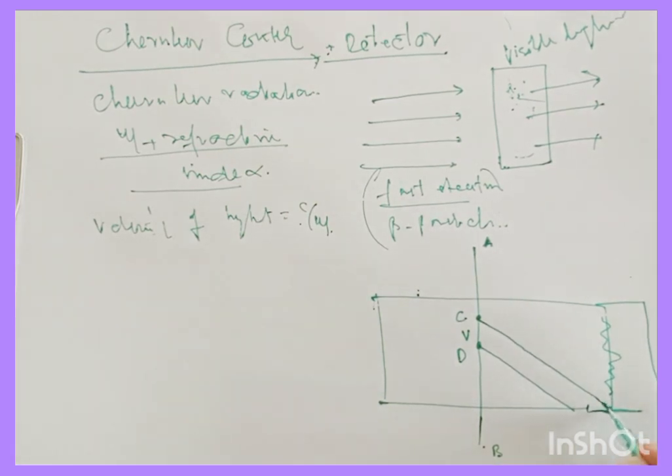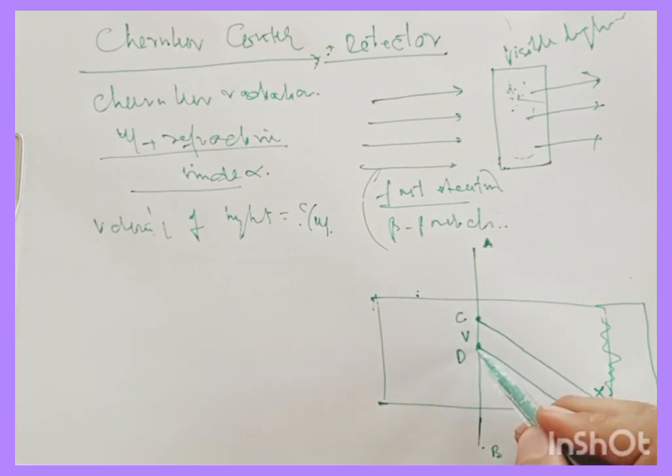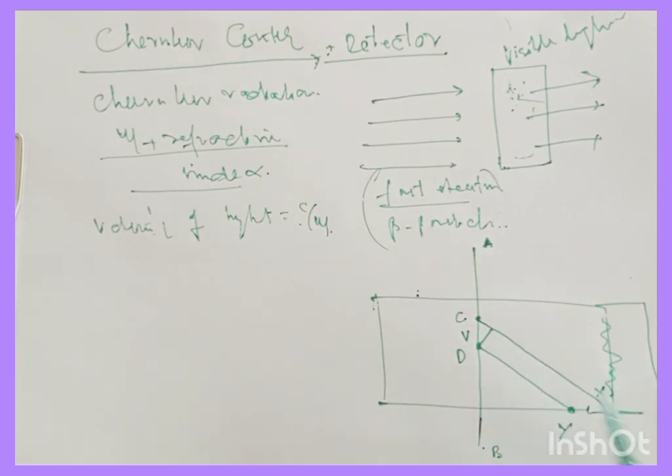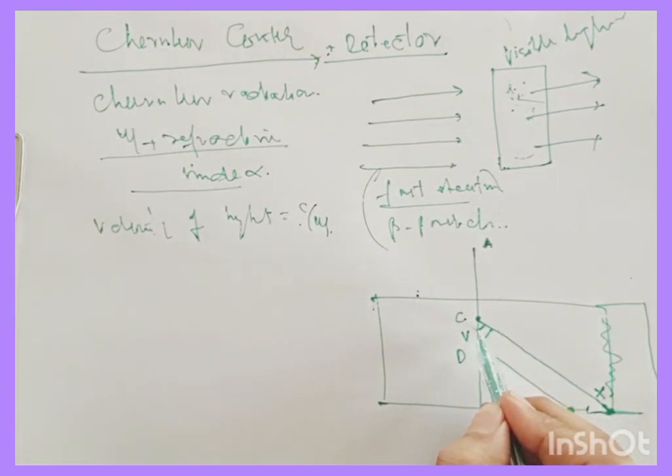Let me assume this is X and this is Y, and certainly you have the path difference here. We have taken two parallel light paths, Cx and Dy, which make an angle theta with the beam of beta particles.